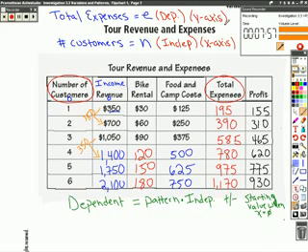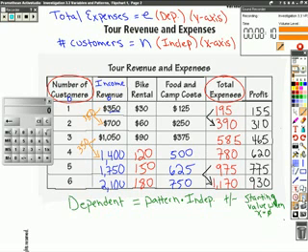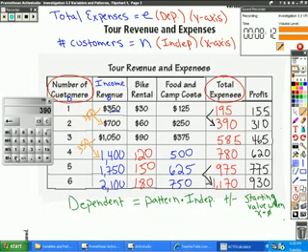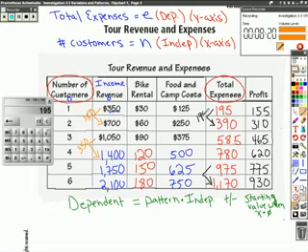I have to find the pattern, so let me see if I can find it. I always like to take the first ones, but I'll be different and take that one. So 390 minus 195 is 195.